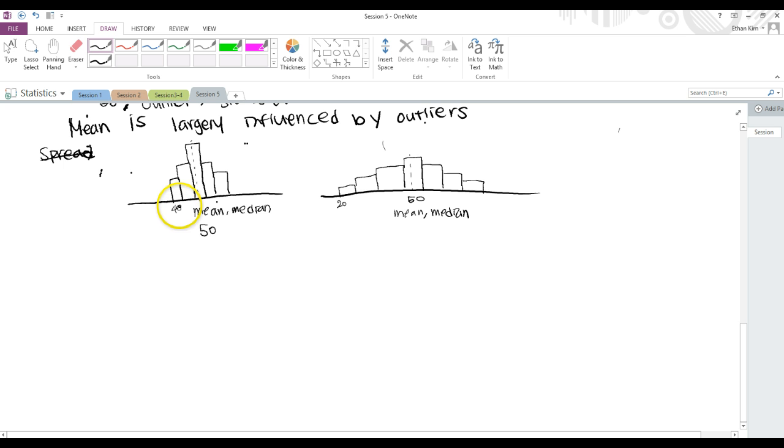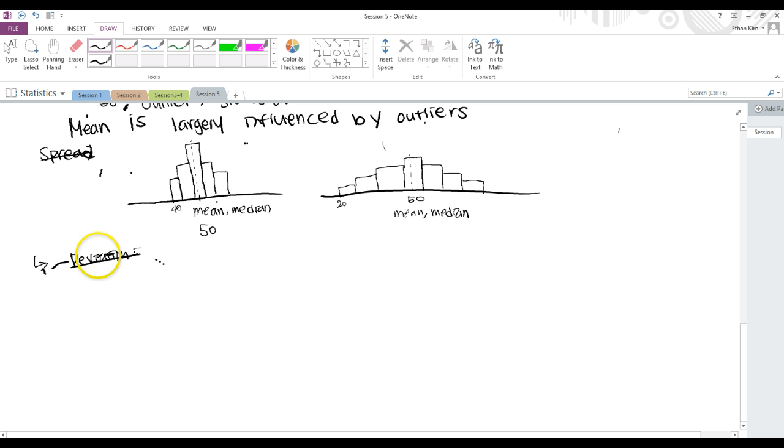The range is bigger in the second case, and smaller here. We measure the spread by something called variation or variance. But before we do that, let me give you another definition. We measure spread by deviation.